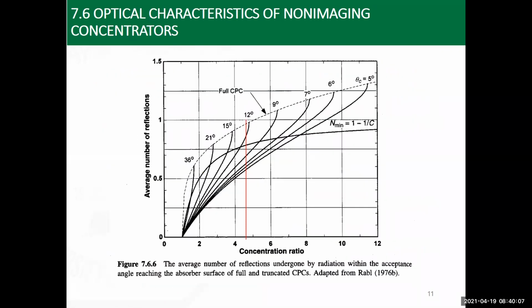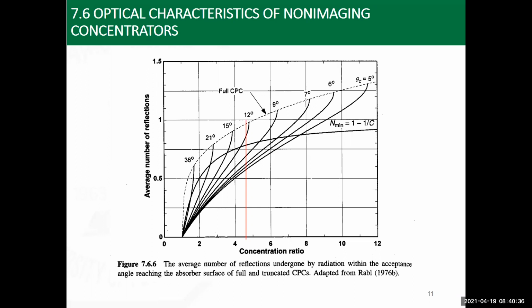The third figure, or characteristic of this type of collectors, is the average number of reflections versus the concentration ratio for, again, different acceptance angles. And there is a certain minimum number of reflections, which is given here as 1 minus 1 over C, where C is basically the concentration ratio.